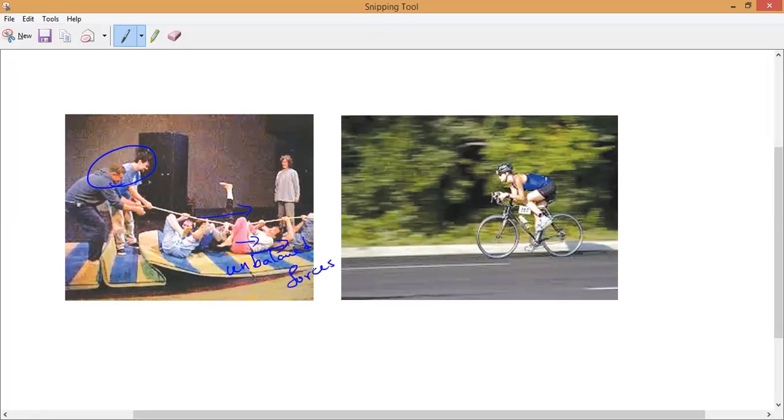Okay. Now, for example, if these fellows exert more force and push this side, then all the persons will fall in which direction? They will fall in the forward direction. Yes or no, guys? Now they are falling backward because these persons released the rope.